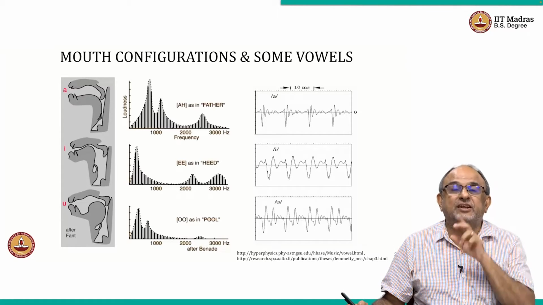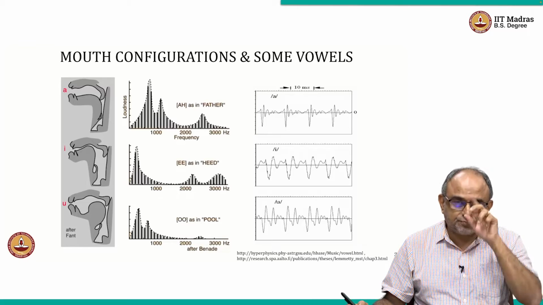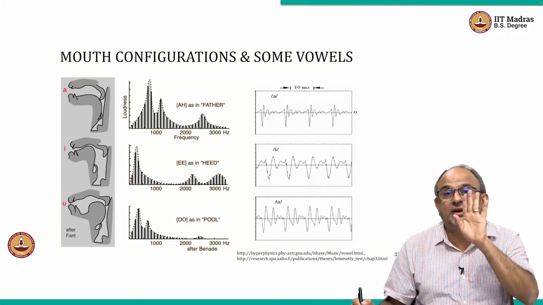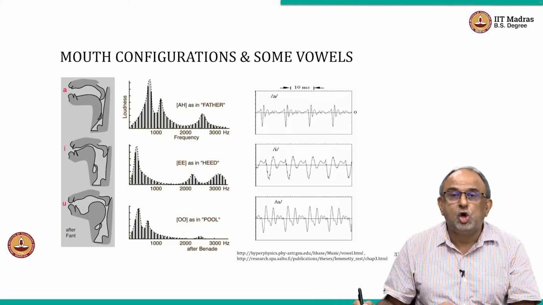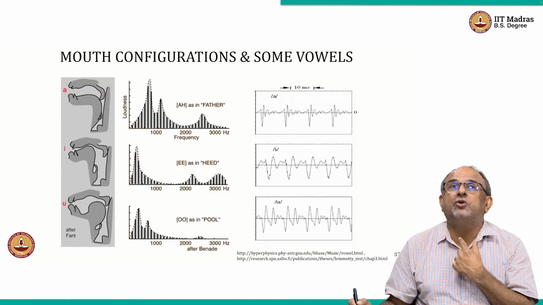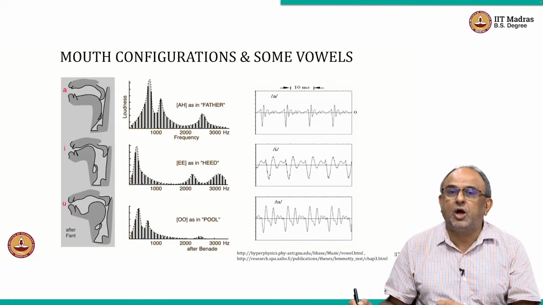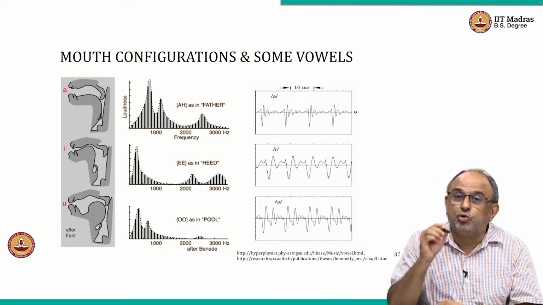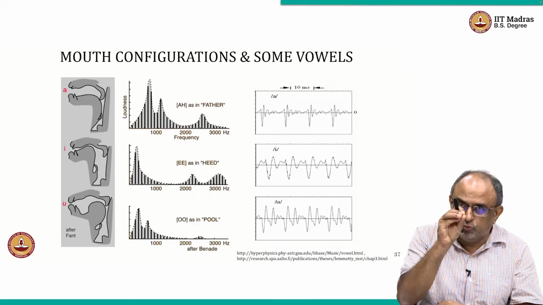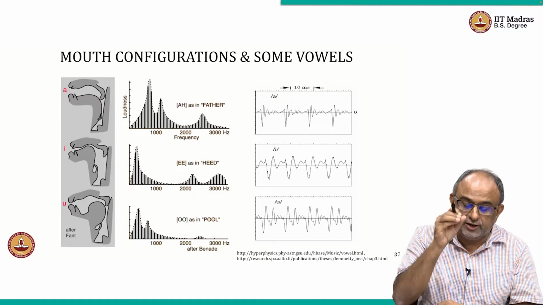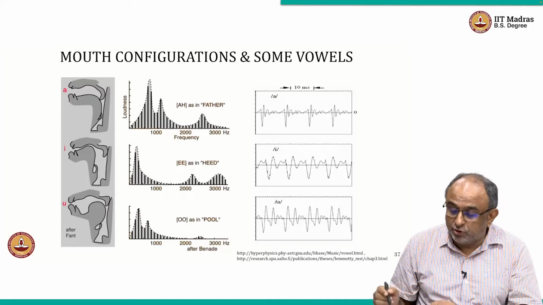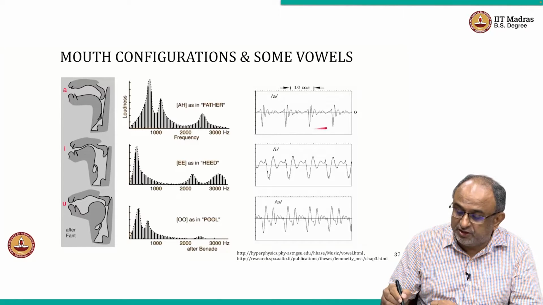Secondly, the way you're pushing your tongue upwards, you can see the tongue is closing at the upper part, just behind the teeth. Then "ooh," you can see that at the back there are two things happening: the protrusion, where the lips become rounder and smaller, and the tongue is right at the back, somewhere here. And you can see this periodicity is coming.